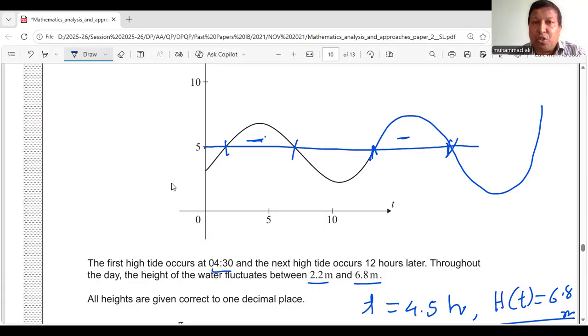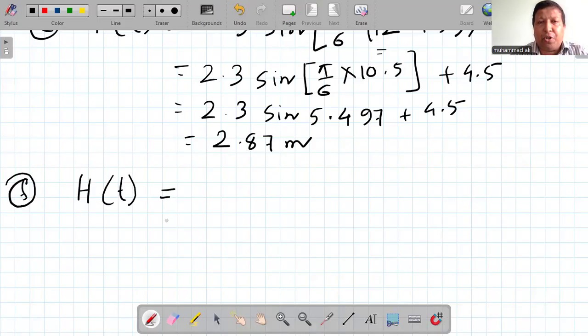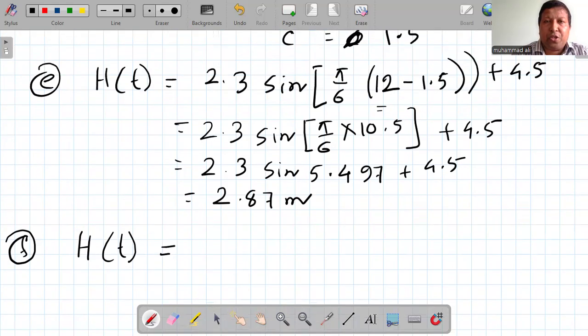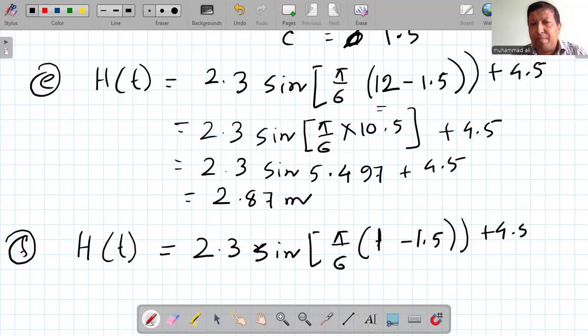Now see how you can do this maths. You may do this maths in the GDC calculator also. So h(t) equals 2.3 sine pi by 6 (t minus 1.5) plus 4.5.